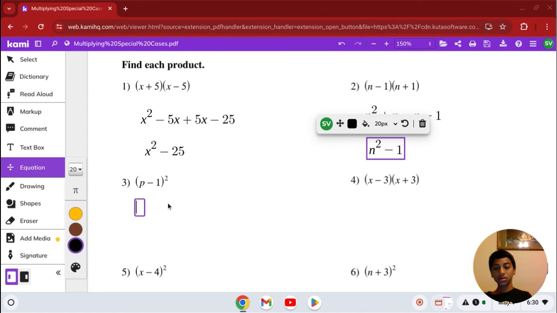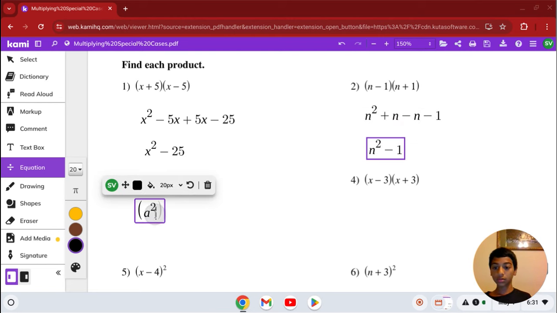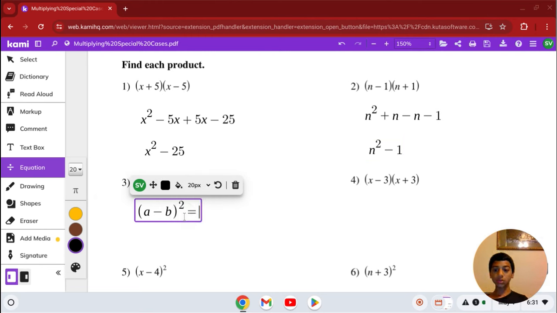Or you can follow this formula: a minus b squared is equal to a squared minus 2ab plus b squared.